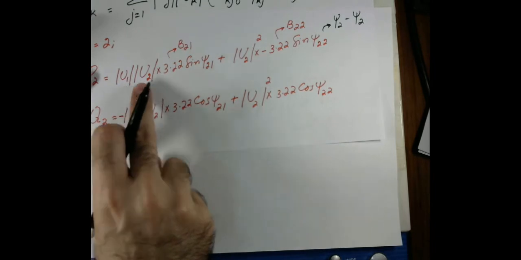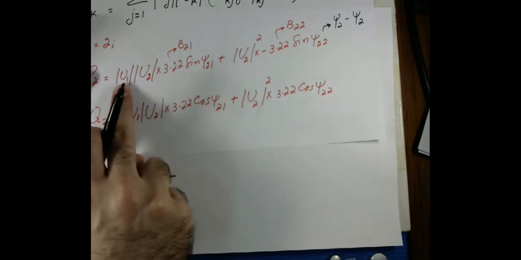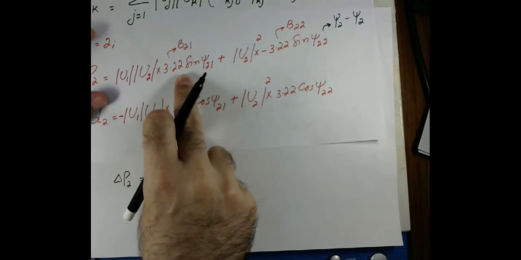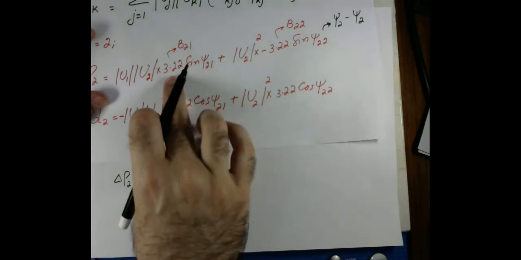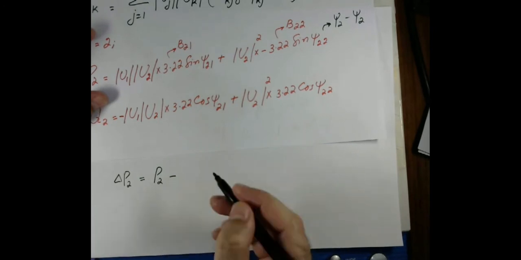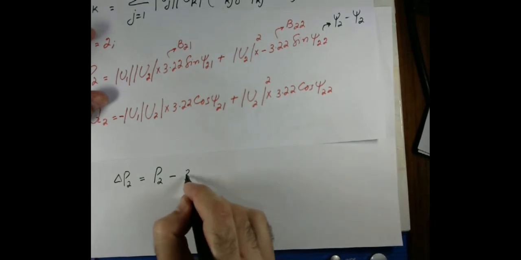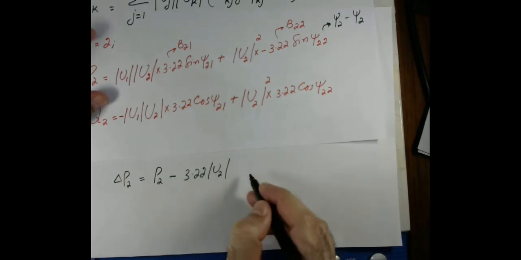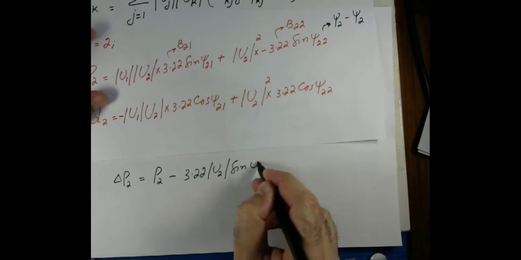And if you look here, U1 is 1, and this will become only minus 3.22 U2 magnitude and sine of psi 2. Clear?